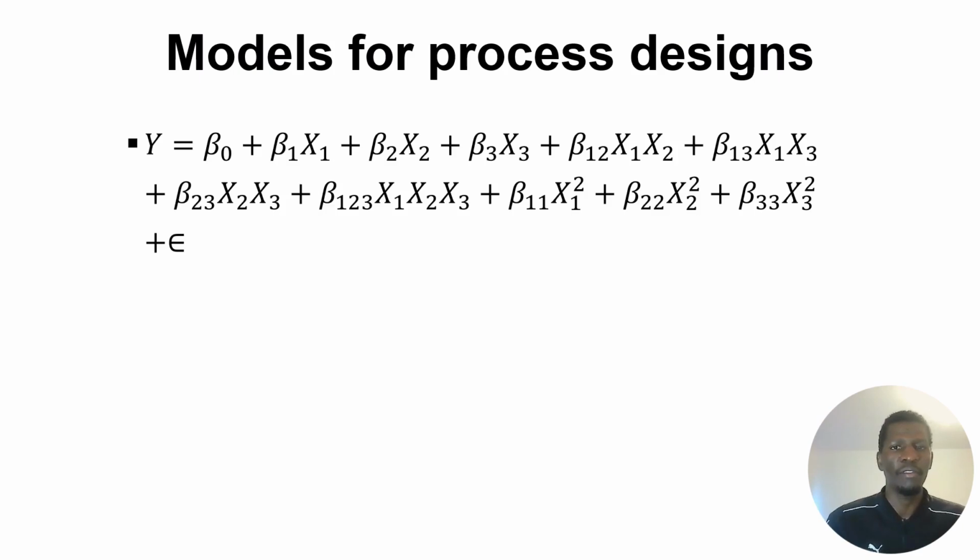Let's look at the expanded form of a quadratic model involving three factors. We are considering that from our linear model, three of the factors were significantly affecting the drying rate more than one of the factors, which are air velocity, temperature, and relative humidity. And the response is the moisture content.